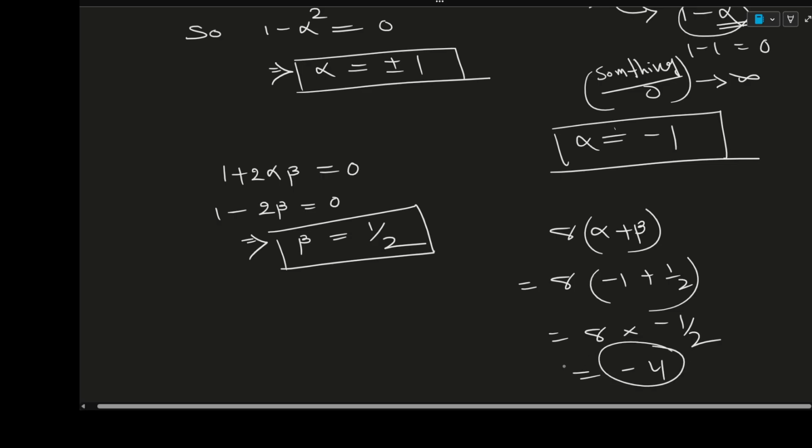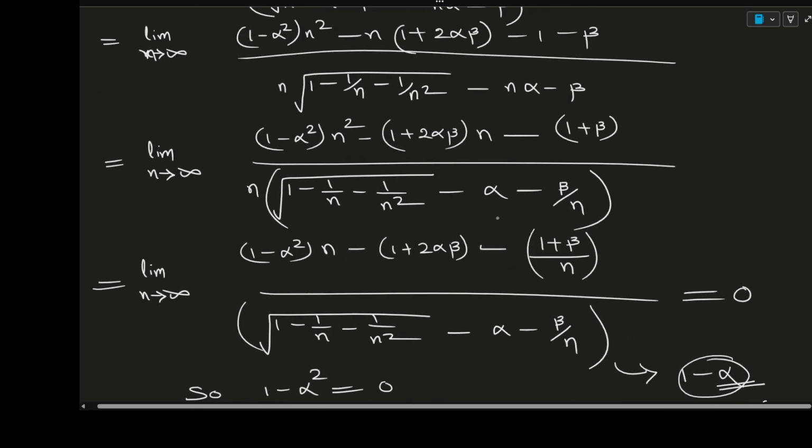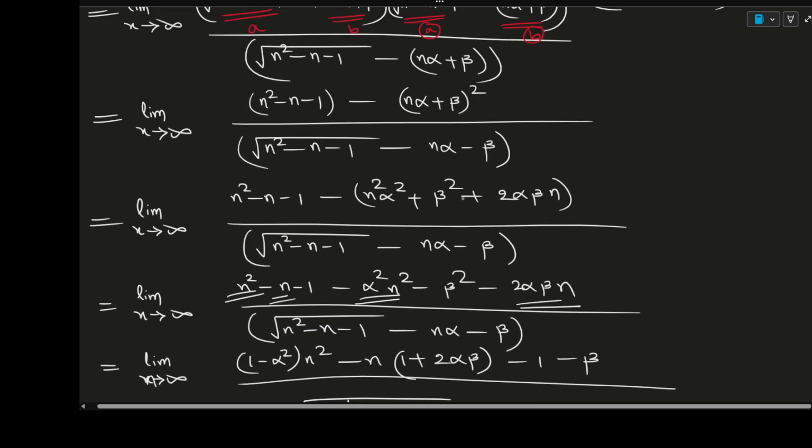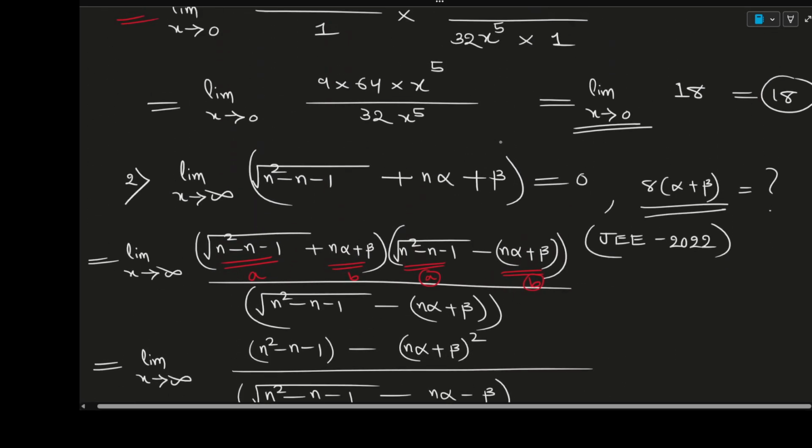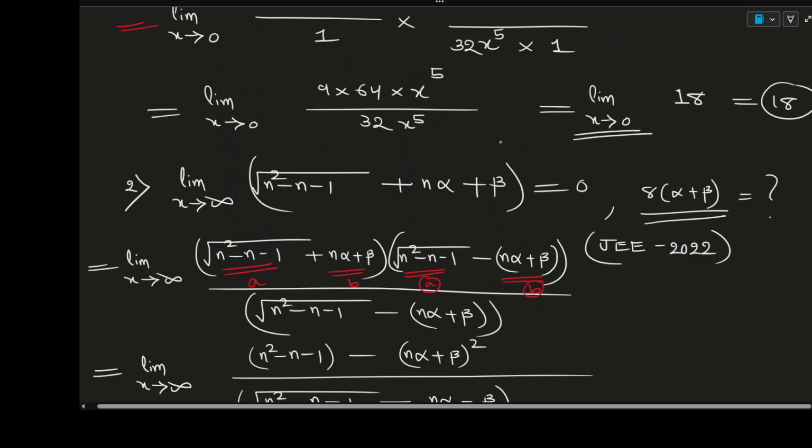So let me revise this question once again. What is given and what we are doing. It is given that the limit as n tends to infinity of this function is equal to 0, and we have to evaluate 8 times alpha plus beta.